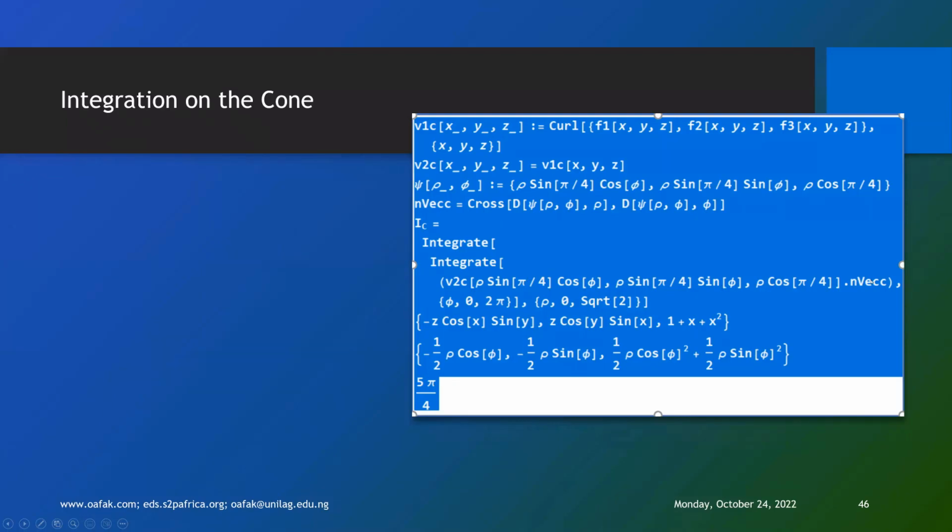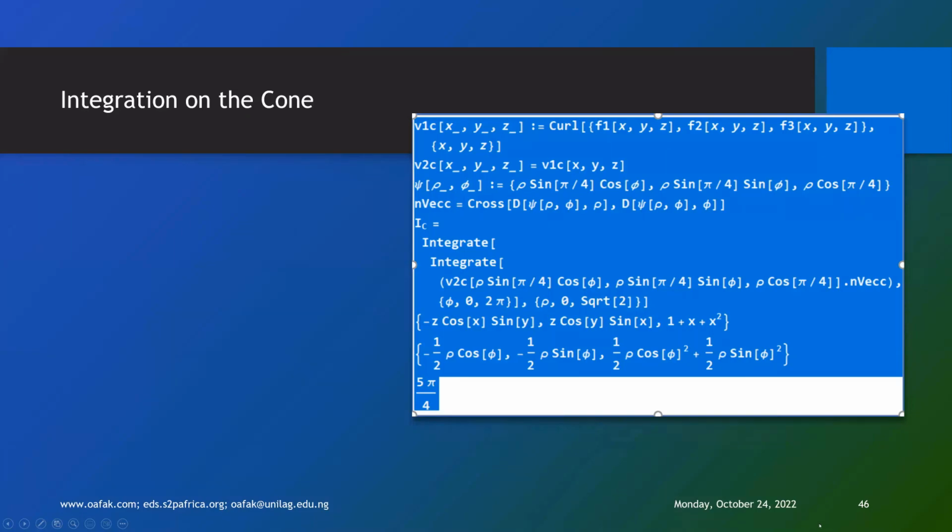So that gives you your nvec, which you take in a dot product with the function as defined on those points, and then you specify your regions of integration. Once you finish specifying your regions of integration, bingo, you get your answer. So that is your integration on the cone.